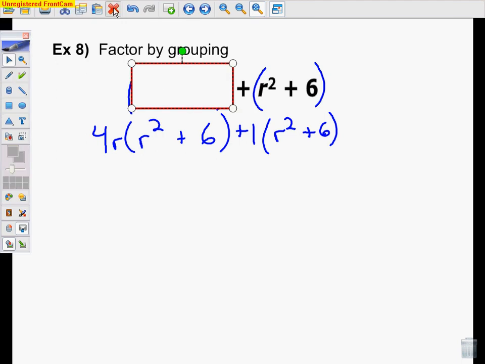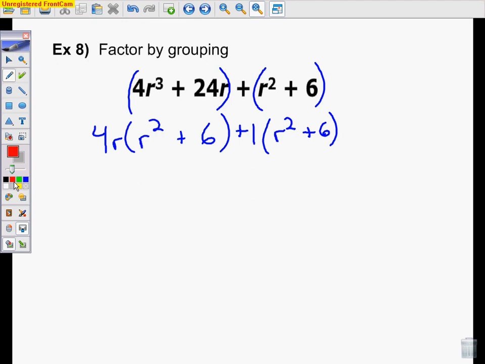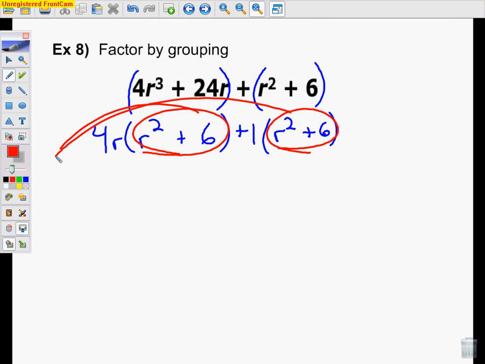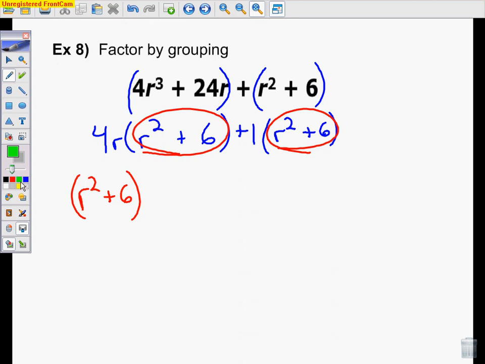Okay, so there that is. And once again, we're right back to where we were in the previous problems. Here we have two parentheses that are exactly the same, and we're going to factor them out. So we're left with r squared plus 6 that we factored out of that. And what was left was this 4r plus 1. 4r plus 1. And there's our answer.